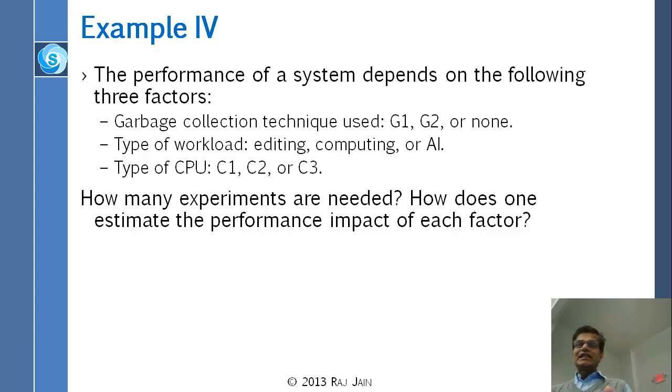But if I just increase the number 3 to something large, right now it is 3 raised to 3, I could give you 10 factors and 10 possibilities each, that would be 10 raised to 10. And not only that, you have to measure it and analyze it, to figure out whether it is the CPU which is causing the problem, is it the workload which is important, or is it the garbage collection technique which is making a difference.